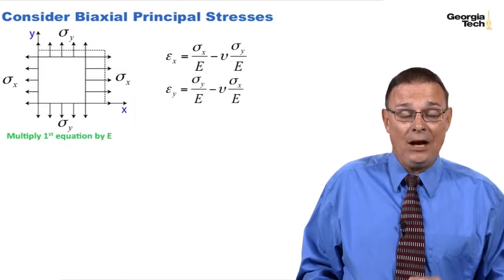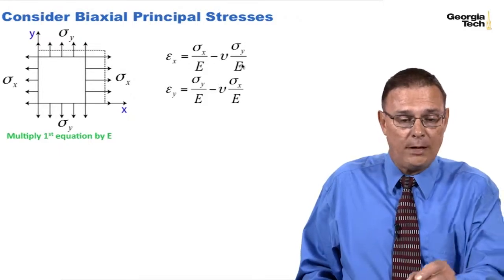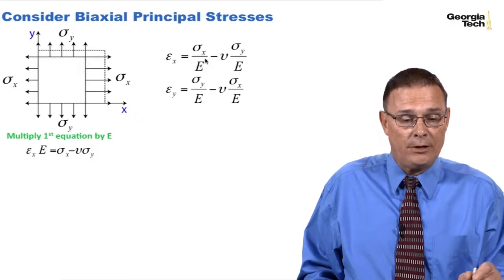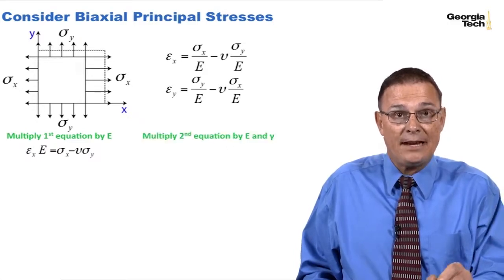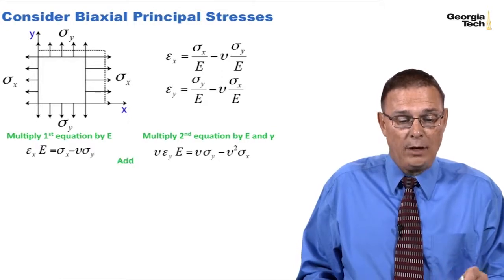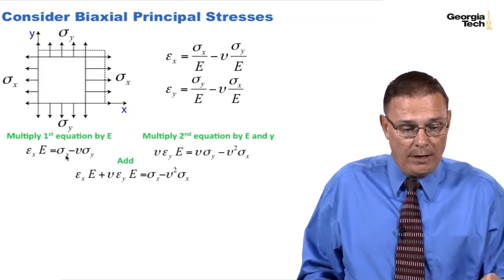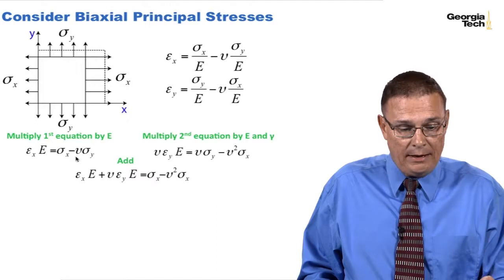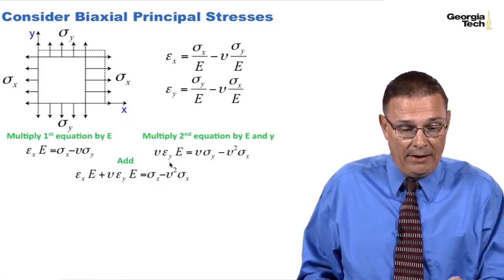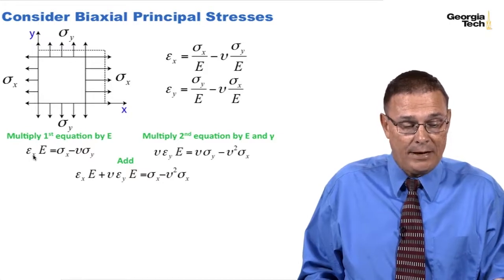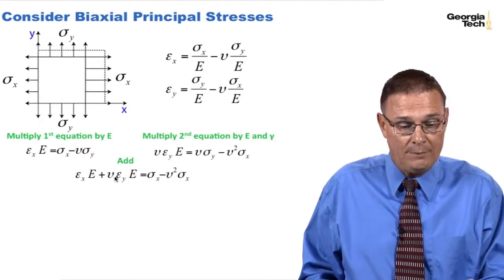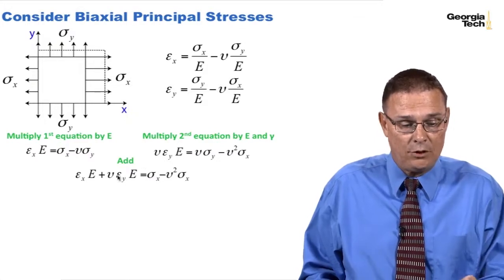And so let's now take those equations, multiply the first equation by E, or Young's modulus, and multiply the second equation by E and Poisson's ratio. And then we're going to add them together. And when I do that, you'll see that I come up with this. On the left-hand side, I have epsilon sub x times Young's modulus plus Poisson's ratio times epsilon sub y times Young's modulus.